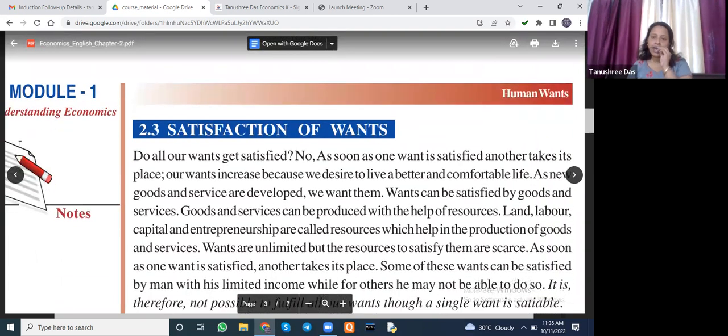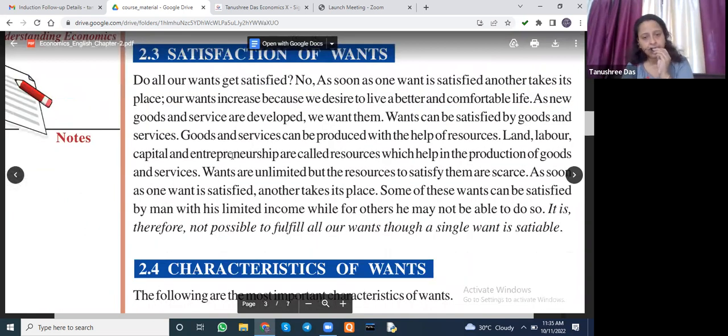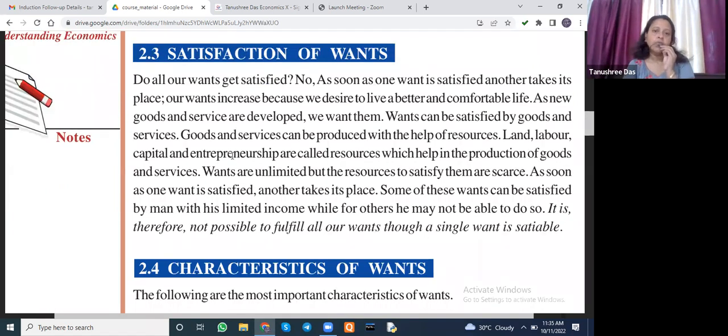The wants can be satisfied with the help of resources. Whichever thing we want to have, we must have the purchasing power. For that, we require income. If there is no income, there will be nothing to satisfy the want.